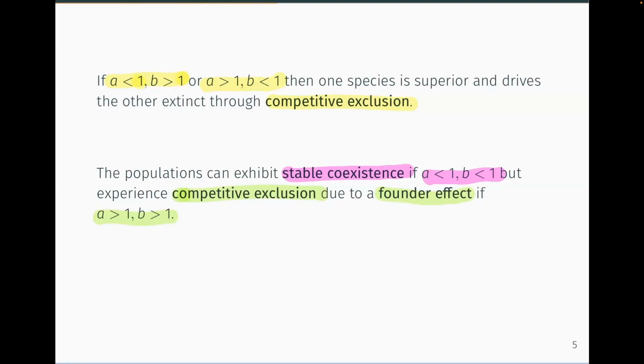There's a dividing line, so think of it like a ridge line between two valleys. There are two attracting states, and depending on which side of that ridge you start on, it will tell you which valley you end up in. So this is like our bistability that we had before with our spruce budworm model, where where you start off affects where you end up.